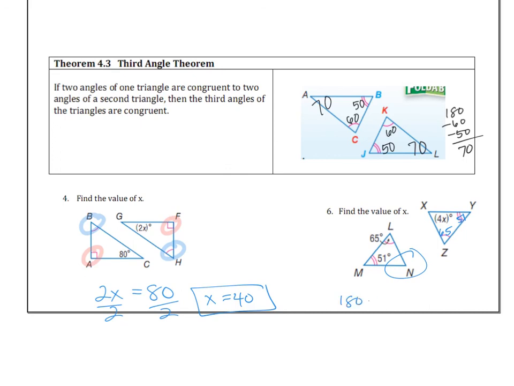So 180 minus the 65 minus the 51, I believe that leaves 64, but check my math on that. So if this third angle is 64, what I know is that the 4x has to equal the 64. Divide both sides by 4, x equals 16.